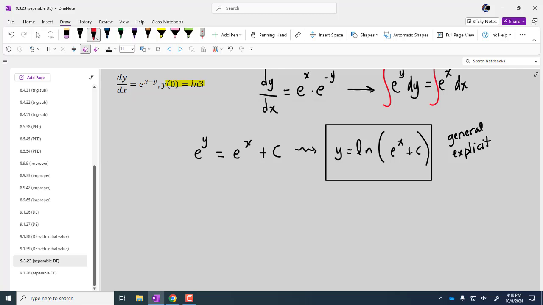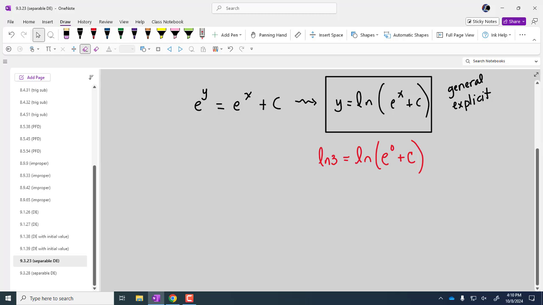Okay. So now we'll find the particular. We know that y of 0 is ln 3. So when we plug in 0, we're going to get ln of 3. So we can exponentiate both sides.